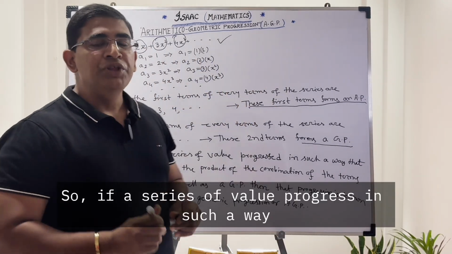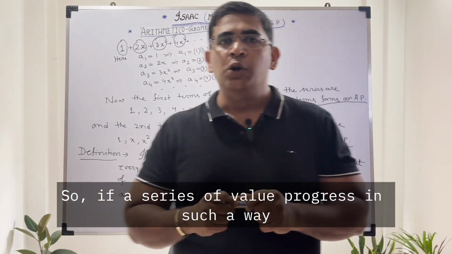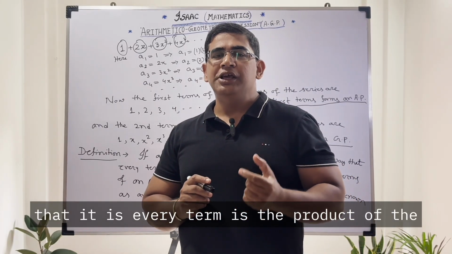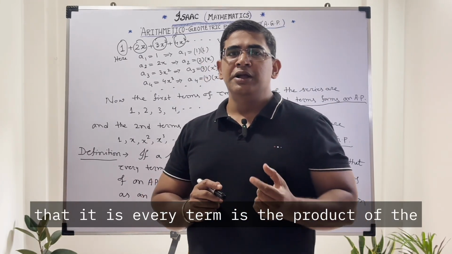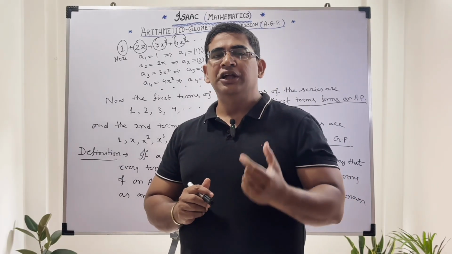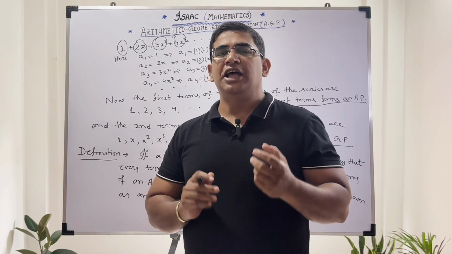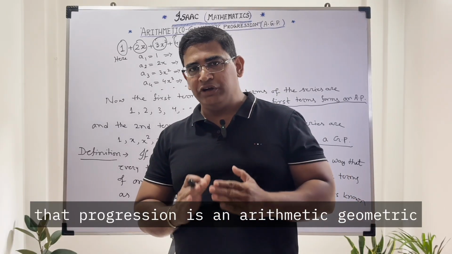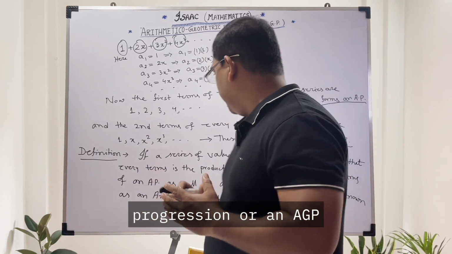Okay. So, if a series progresses in such a way that its every term is the product of the terms of an AP as well as a GP, then we can say that progression is an arithmetico-geometric progression or an AGP.